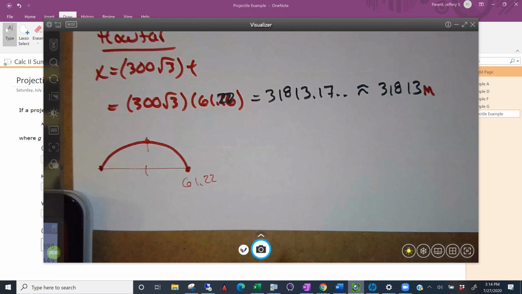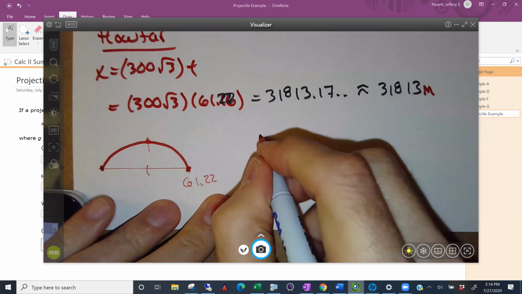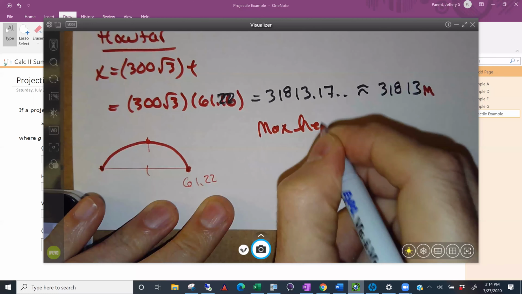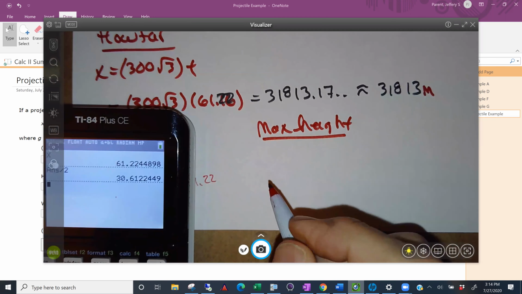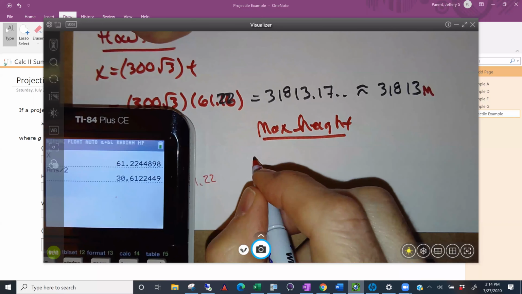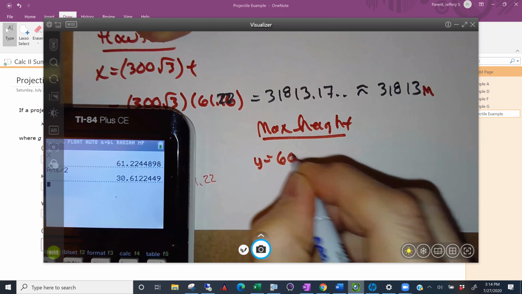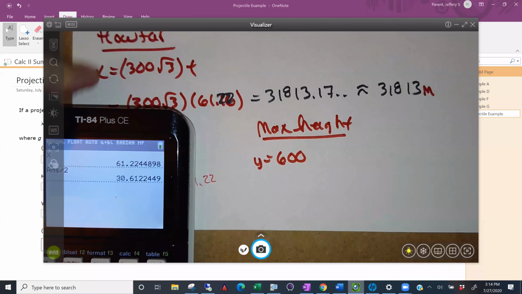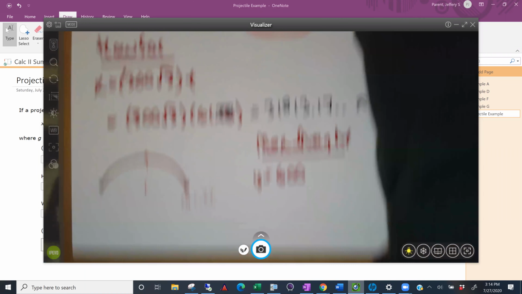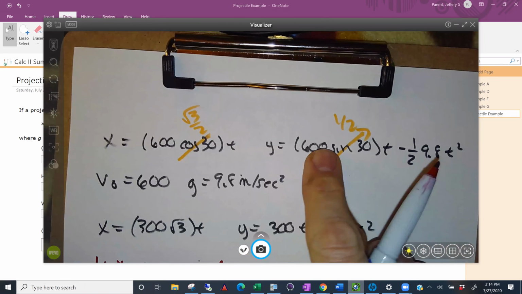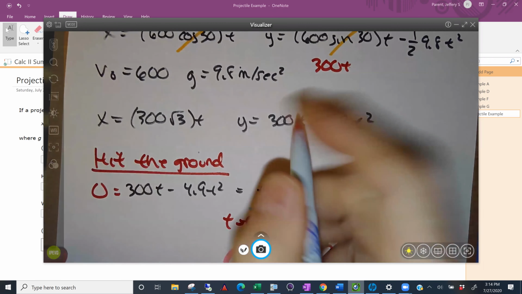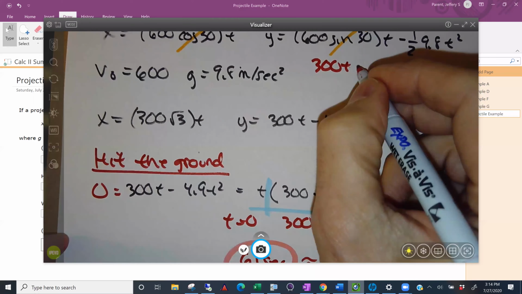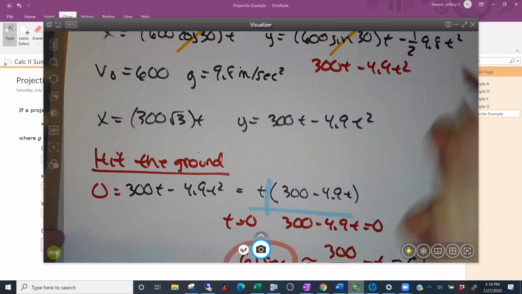So our maximum height, let's see, that's going to be y equals 600. Actually, you know what? I should use the simplified equations. Half of that is going to be 300 t, oh, here we go, minus 4.9 t squared.